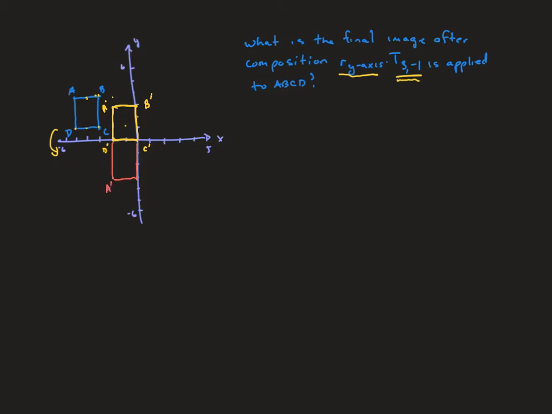However, this is going to be A double prime, this is going to be B double prime, this is going to be C double prime, and this is going to be D double prime. So that should be my new object right there, the locations of my new A double prime, B double prime, C double prime, D double prime. So there is that original transformation. Just making sure, things to take away here is that we're always starting from the right on our compositions.